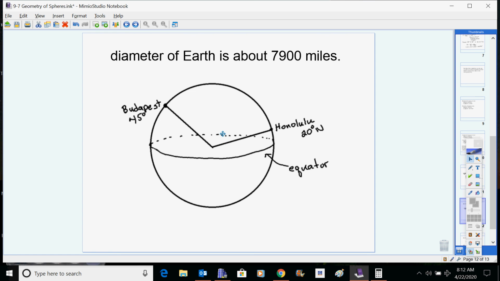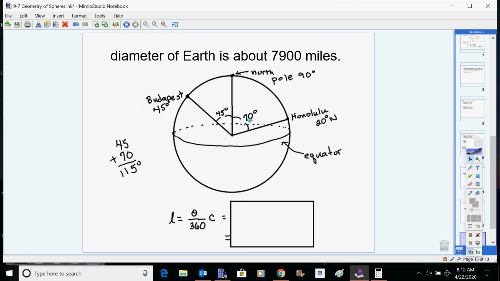So I want to find out how far this is and how far this is so I can get the whole distance in here. If this is 20 right here, it takes me another 70 to get straight up to the North Pole, which is at 90 degrees. 45 degrees along here, another 45 degrees to get us straight up and down at the top of the Earth.